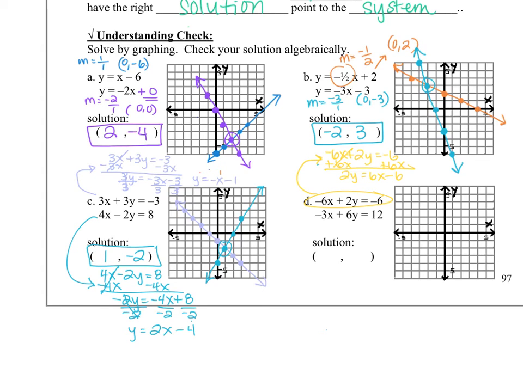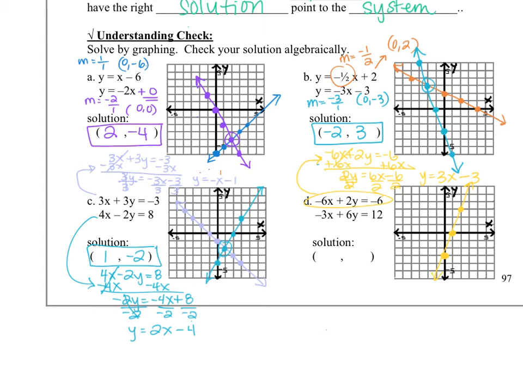Don't forget it always goes in that order with x first. Divide everybody by 2. Everyone. Do not forget to divide everyone. So y equals 6 divided by 2 is 3x. Negative 6 divided by 2 is negative 3. So negative 3, up 3 over 1. Up 3 over 1. All right, there's your graph.